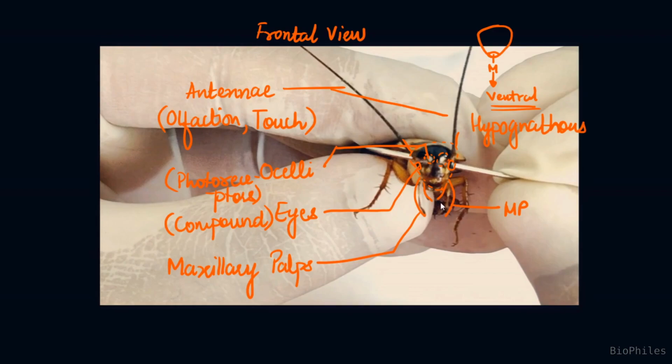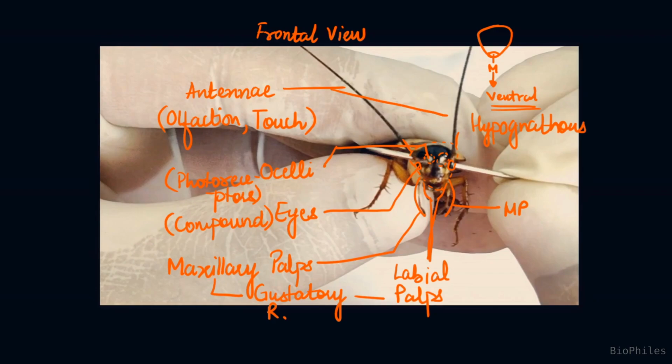This one is also a maxillary palp. And these two smaller ones, which are present towards the mouth, are called the labial palps. The function of the labial palps is to taste, which means they have gustatory receptors in them. So they will help to taste the food that the cockroach is ingesting.